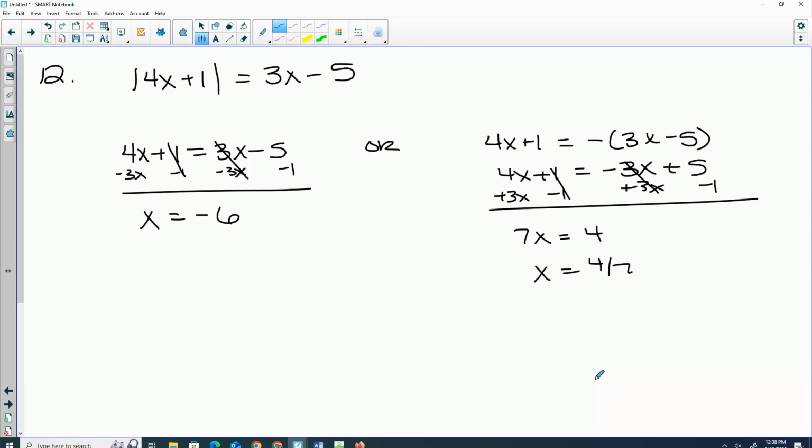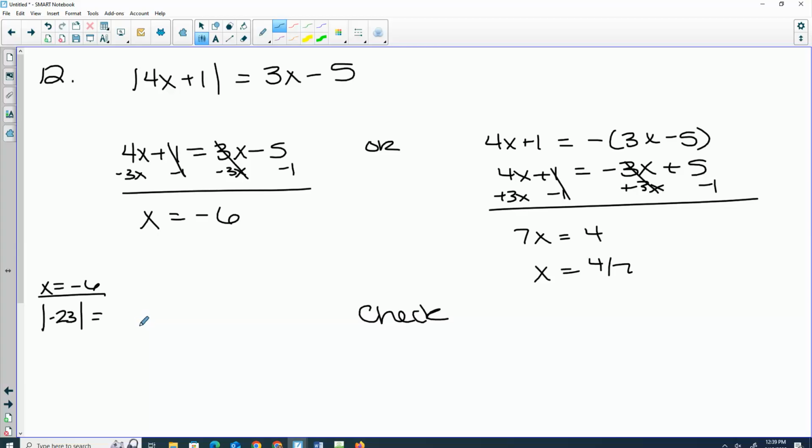This one, it's not. And it all comes back to when you check. If I put in a negative 6, I get negative 24 plus 1, so the absolute value of negative 23 equals negative 18 minus 5. What did I do wrong?